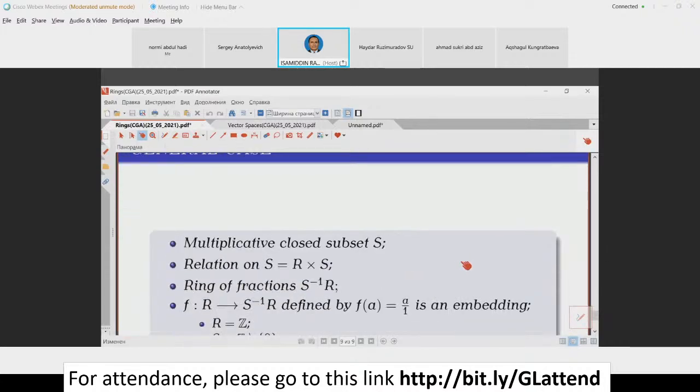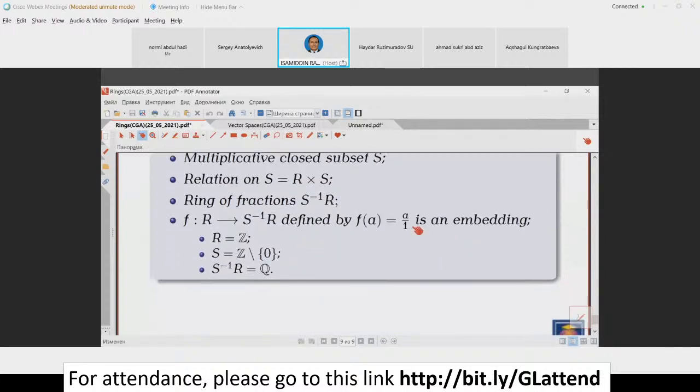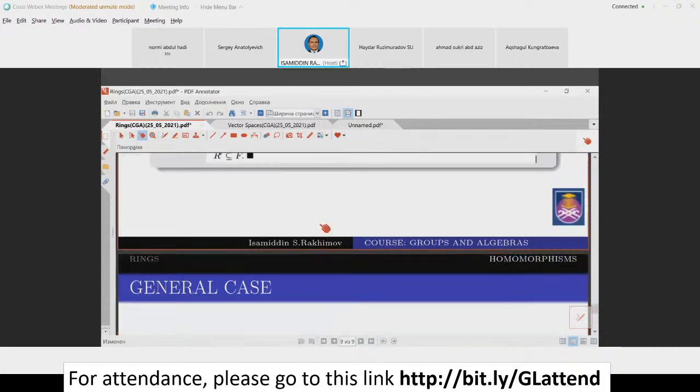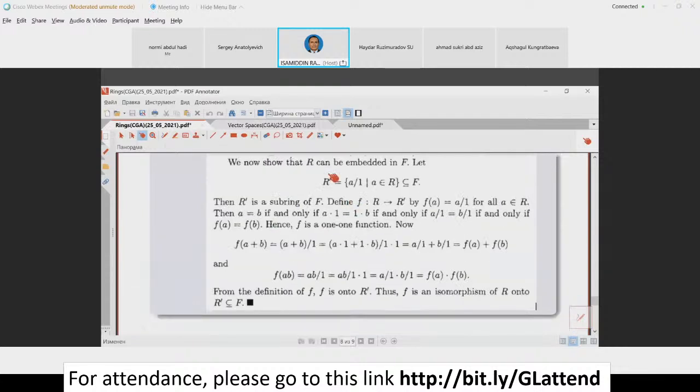Now, let me just go to introduce a case, as a bit the notations are different. Okay, let me explain here. Let us take Z as R. Then as F, you will get rational numbers. So Z is included in the rationals.